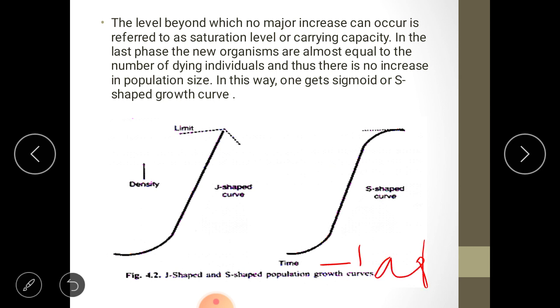Lag phase. This one is log phase. This is stationary phase.